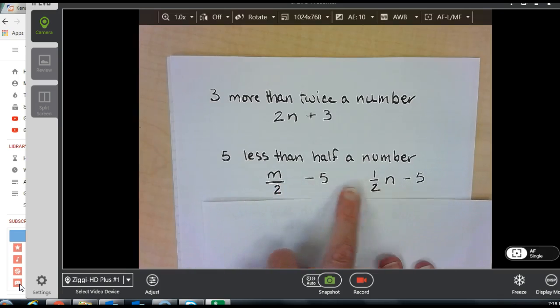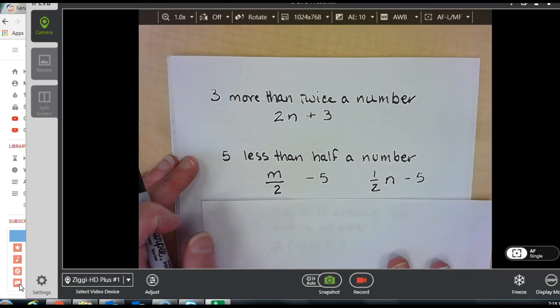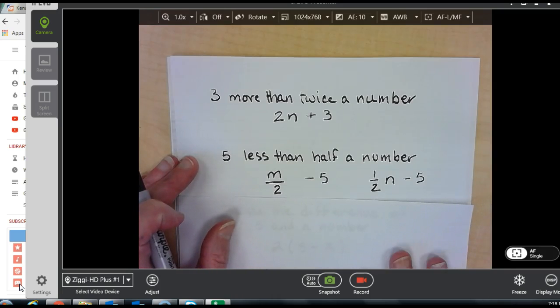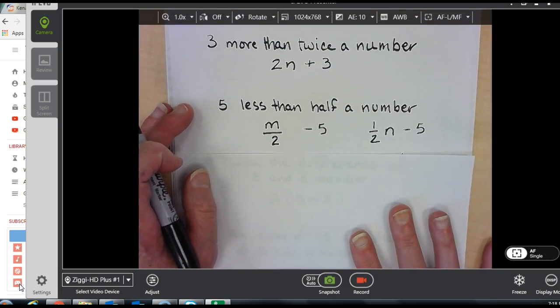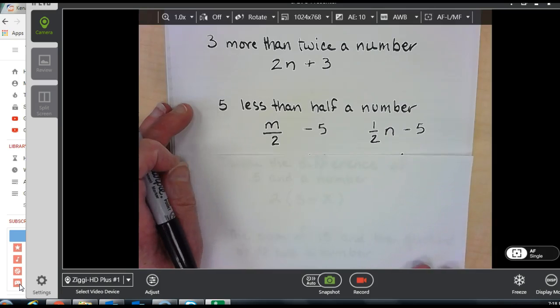Notice I use different variables there. For a number, it could be any variable that you like, any letter you like. So feel free to use anything, x's, a's, b's, anything you want.